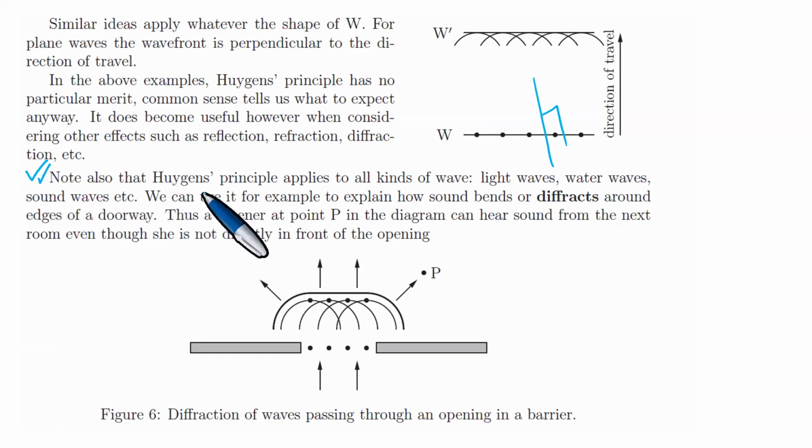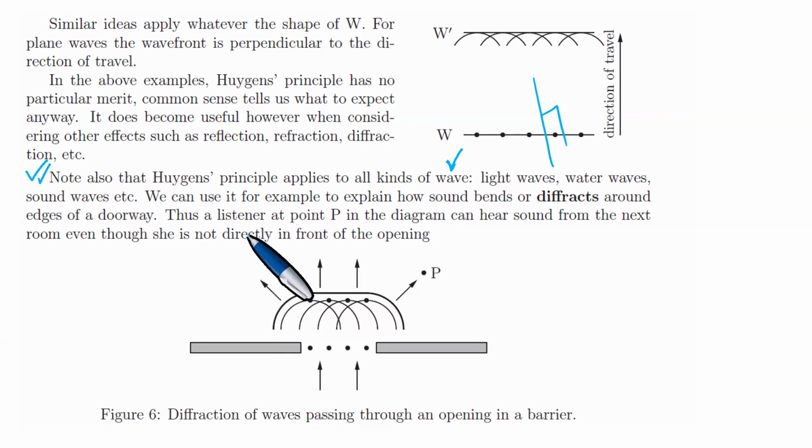Note also that Huygens principle applies to all kinds of waves: light waves, water waves, sound waves, etc. We can use it, for example, to explain how sound bends or diffracts around edges of a doorway.